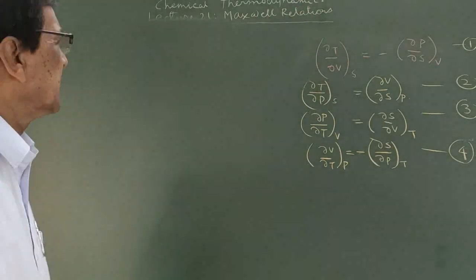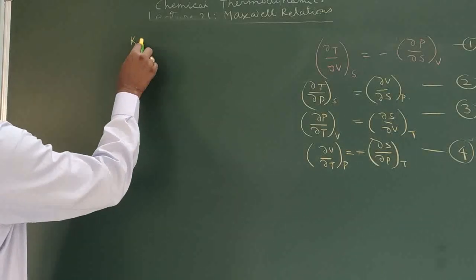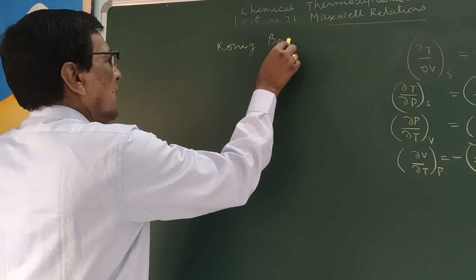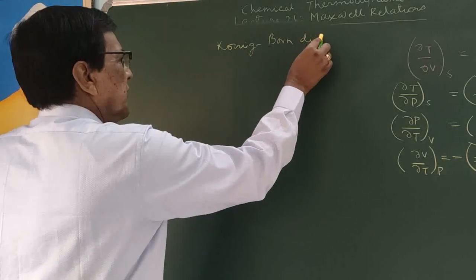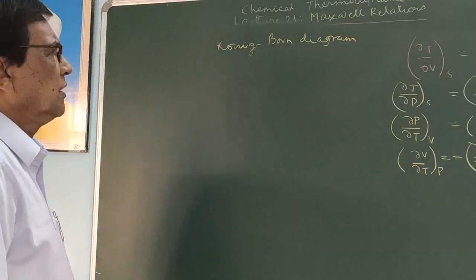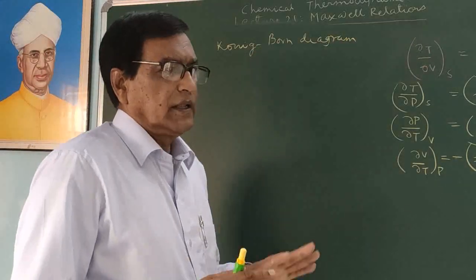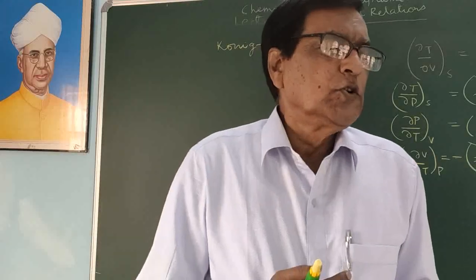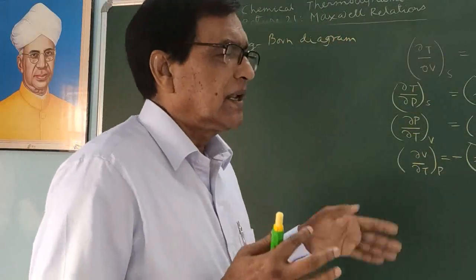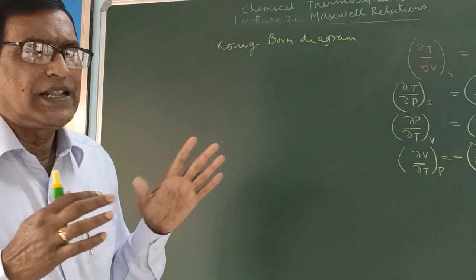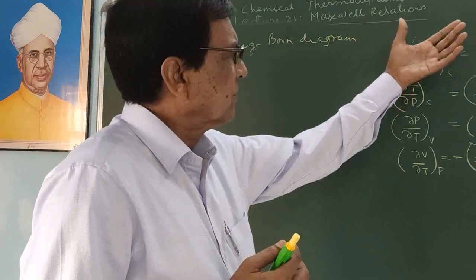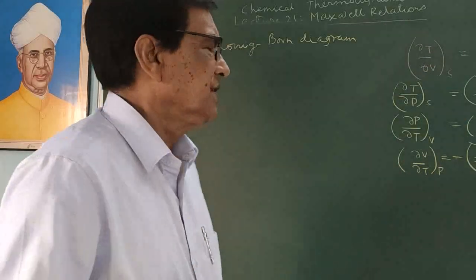For that purpose, the Born diagram, the Maxwell-Born diagram, is very popular for memorizing all these four relations. Here I shall give another trick to find out these relations very easily.